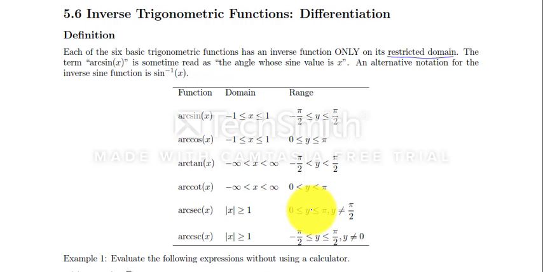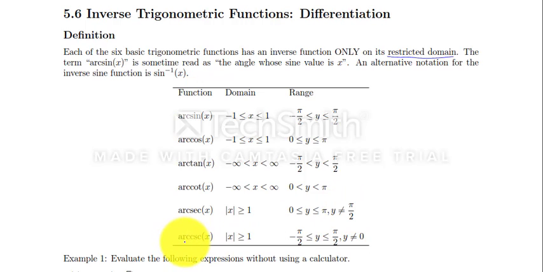So we should expect a similar range from 0 to pi, except when y equals π/2, because when y equals π/2, we have 1 over 0, because cosine π/2 equals 0. So we have to exclude that one value.